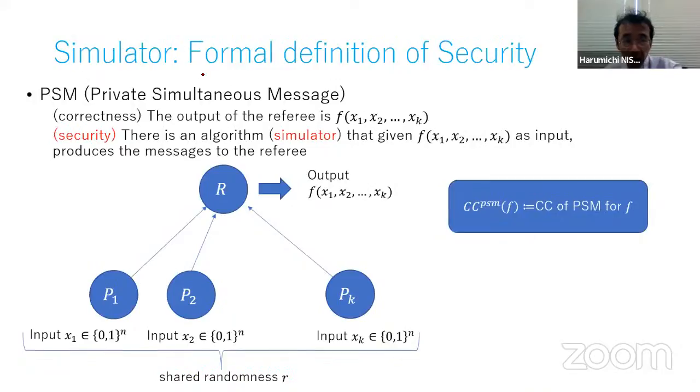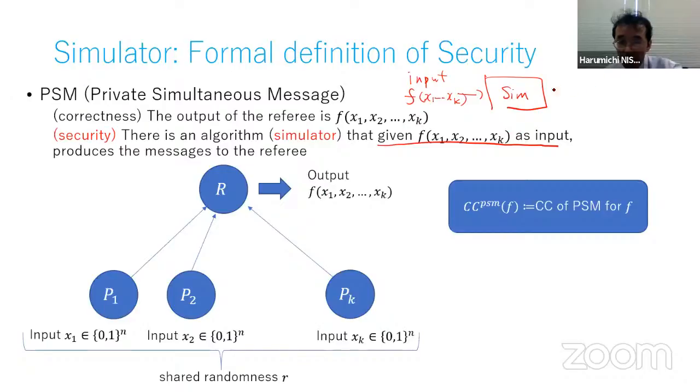More formally, to define the security condition, we use the so-called simulator. The security condition is formally as follows. There is an algorithm called simulator that, given f(x)'s output value itself as input, receives xk, this is the output value.